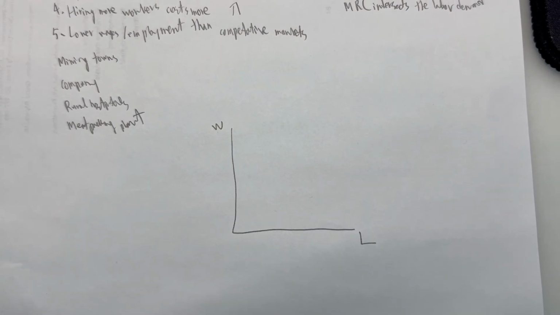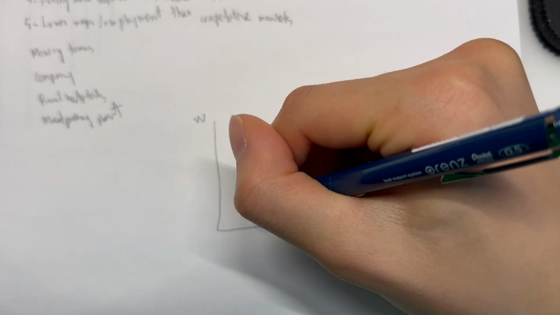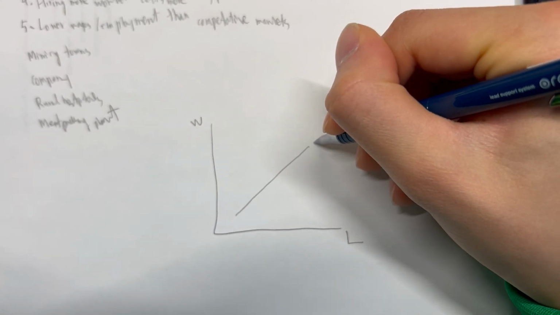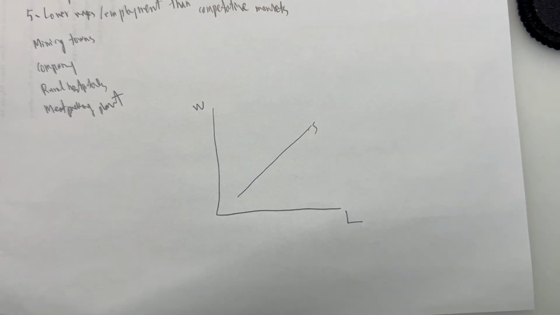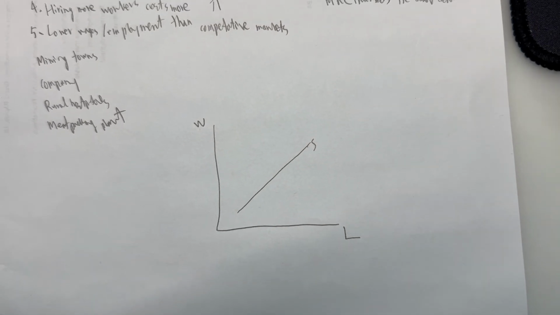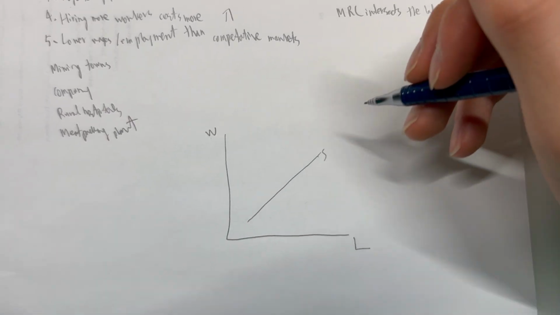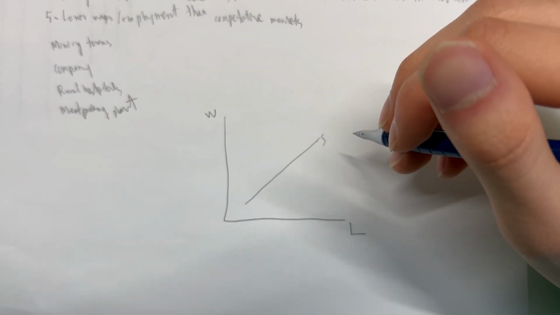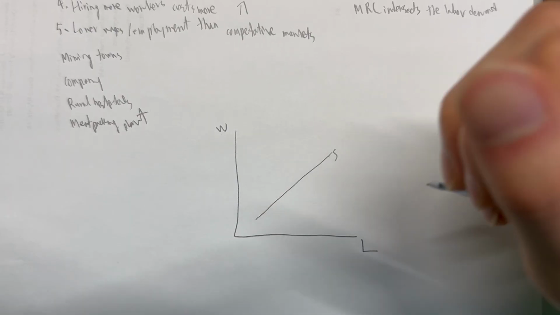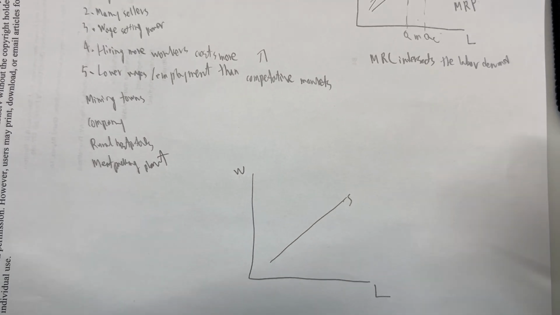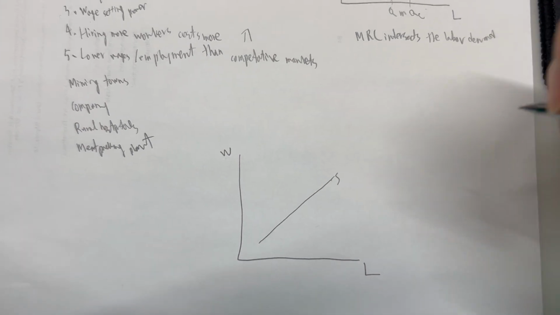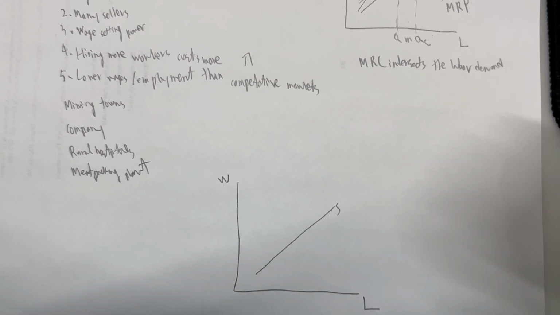I'm gonna draw the supply first, which is gonna slope upwards, labeled S. The upward sloping line is the labor supply curve. It shows the wage that workers are willing to accept for each number of workers hired. So in a monopoly, it also represents the average cost of labor.